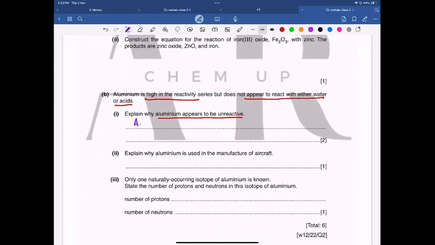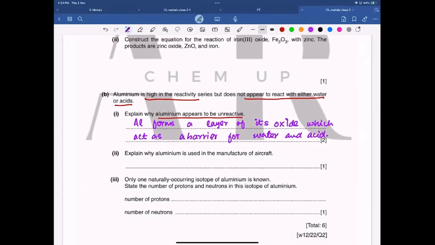Aluminium forms a layer of its oxide, or layer of aluminium oxide, both are correct, which acts as a barrier for water and acid. Is this clear?